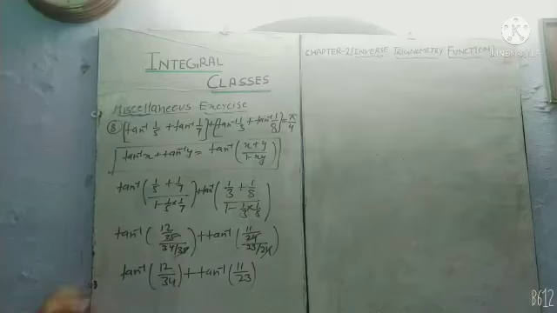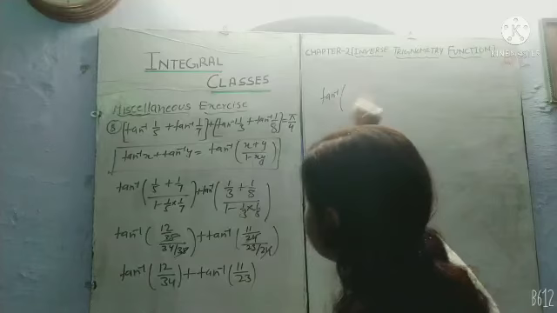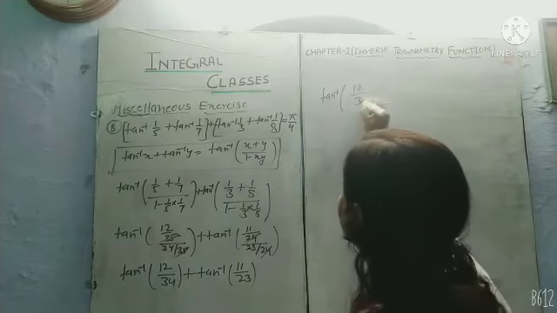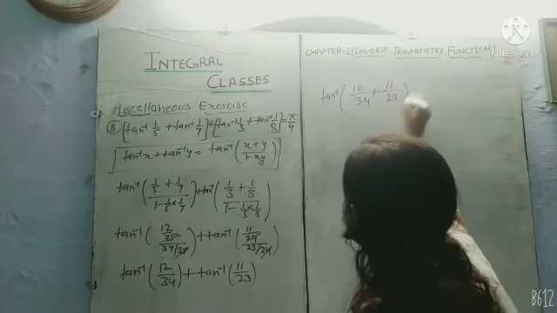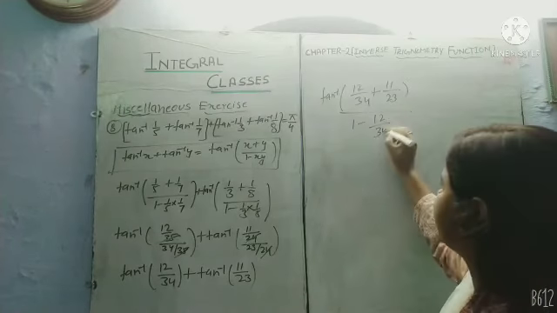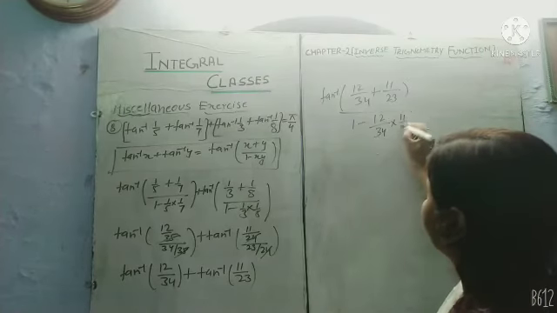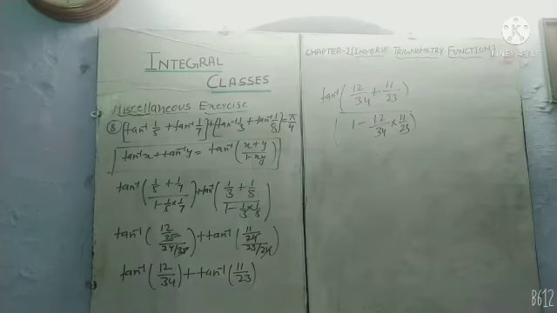Again, student, we will apply this formula similarly. So tan inverse of x, which is 12 upon 34, plus 11 upon 23, upon 1 minus 12 upon 34 into 11 upon 23. Now, student, we will solve them easily.